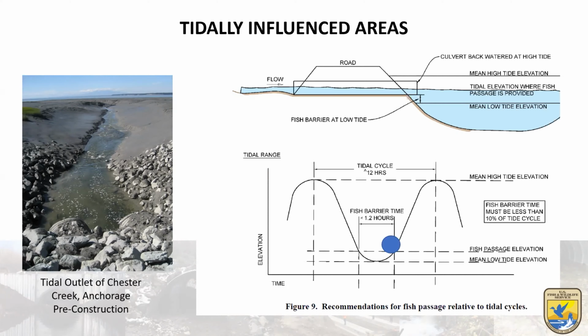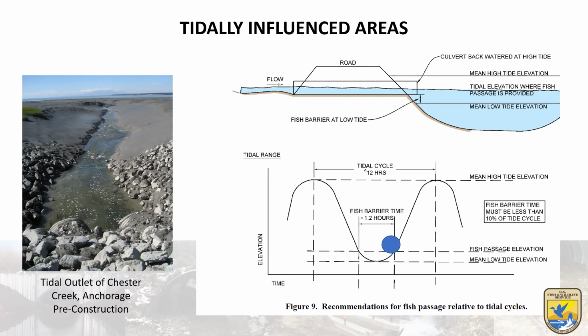And we have a bit of criteria. This is the same in the Fish and Wildlife Guidelines. It's the same criteria that we have in Anchorage and in the Matsu, which a lot of this research was based from Puget Sound and was tested out here on the Chester Creek project back in the day. And basically, you want passage through your culvert 90% of the time of your average tidal cycle.